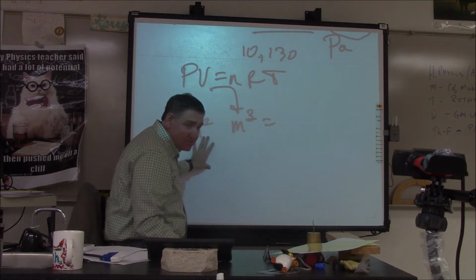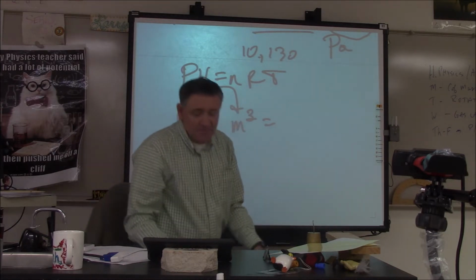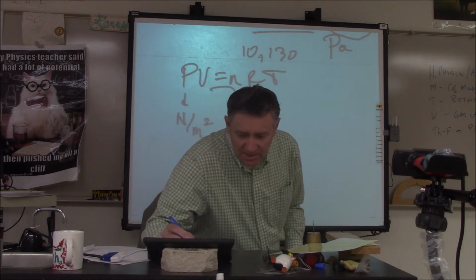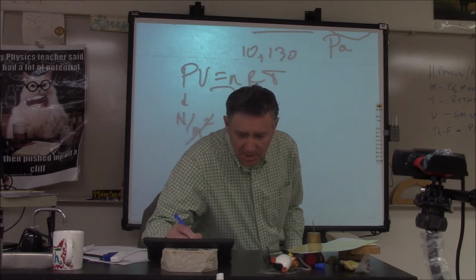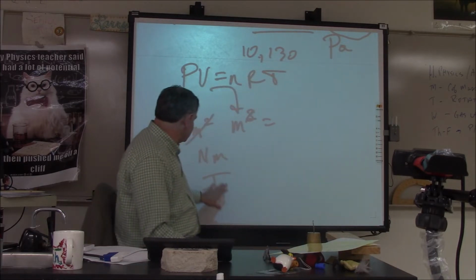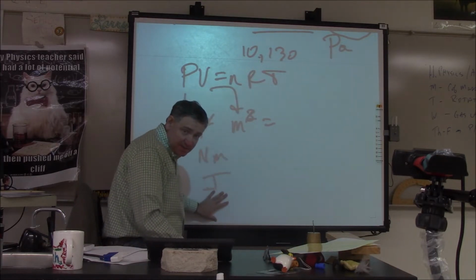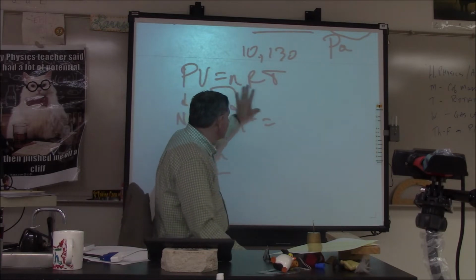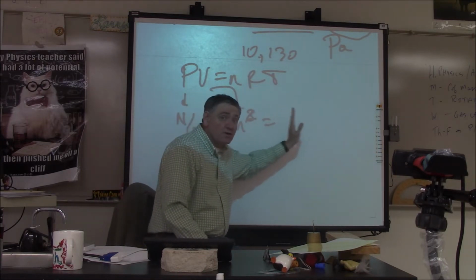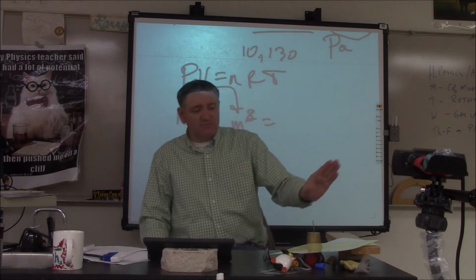I've got newtons per square meter times cubic meters. Those are going to cancel out, and I get newton meters, which are the same thing as joules. So on the left side of this equation, I get joules. So if this is going to work out, this side over here also has to produce units of joules.